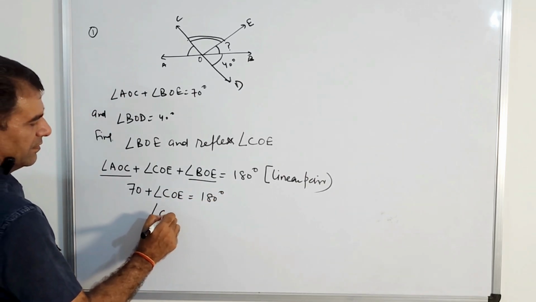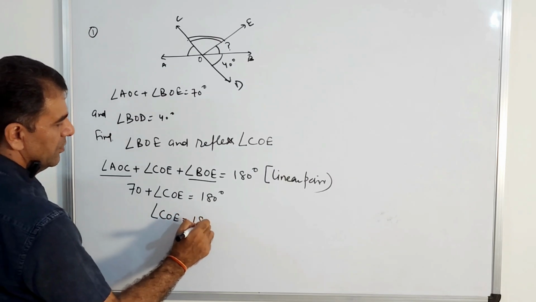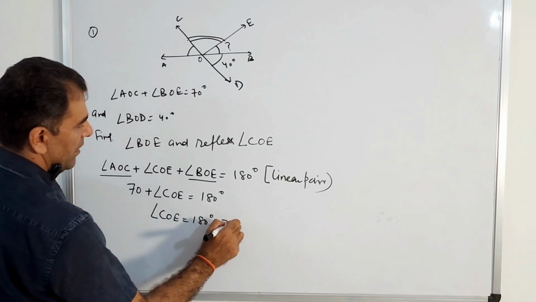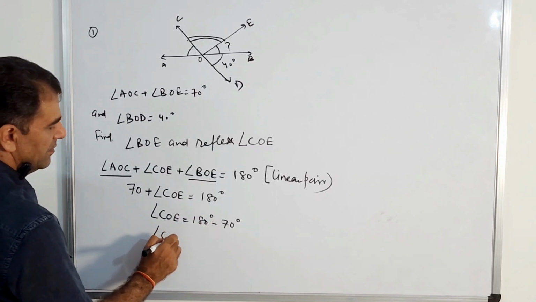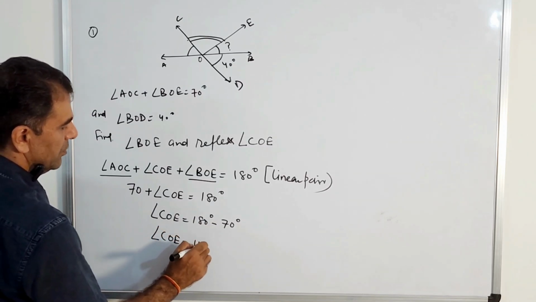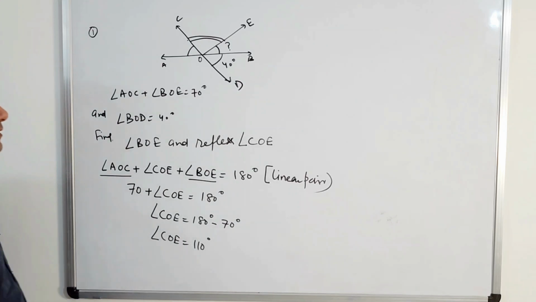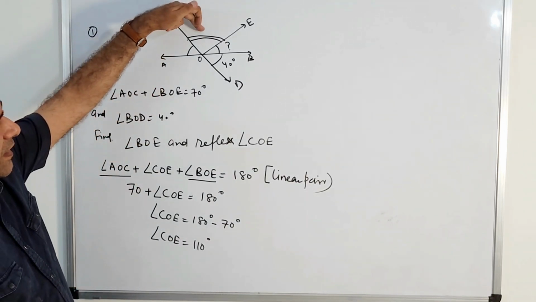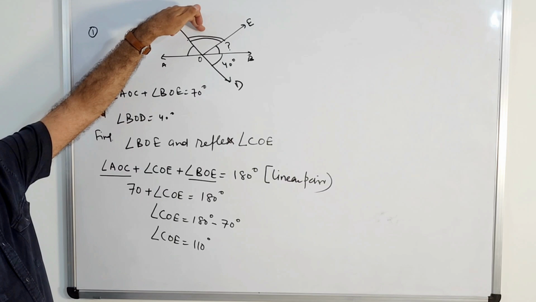So angle COE equals 180 degrees minus 70 degrees. So angle COE equals 110 degrees. So we have found out that this angle is 110.